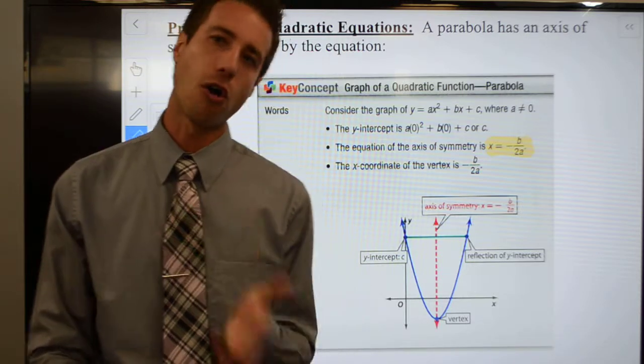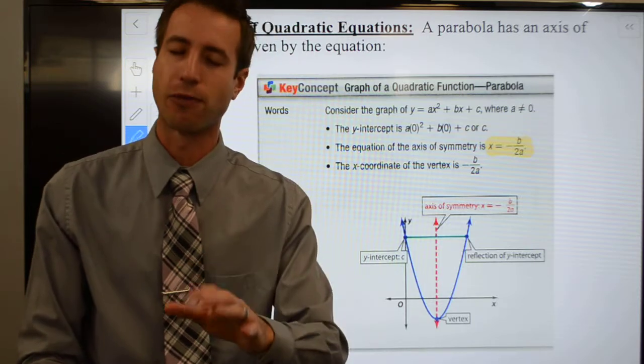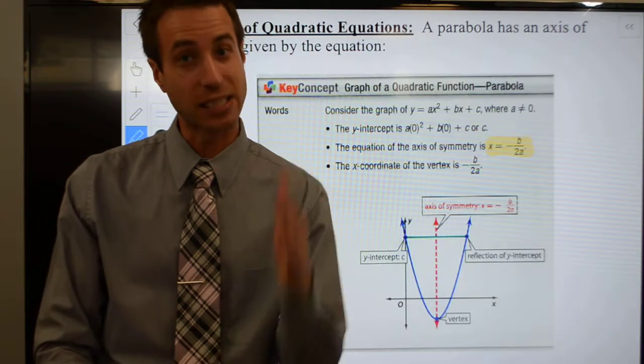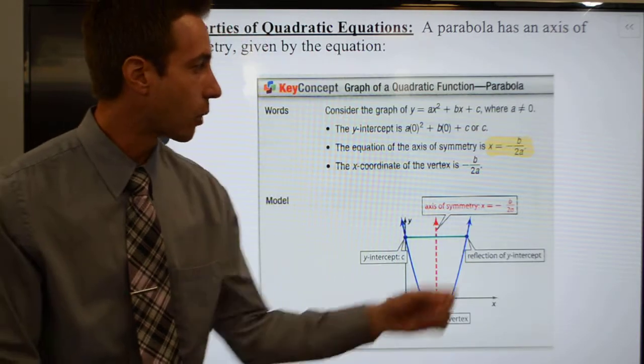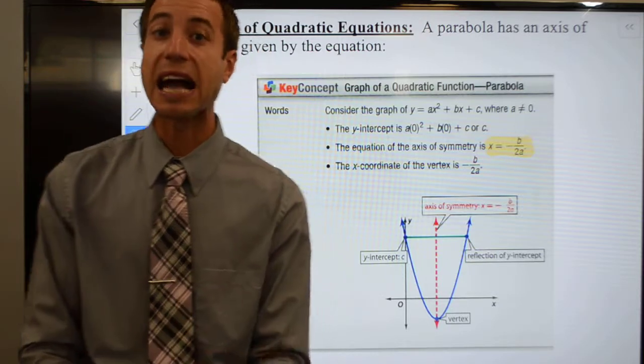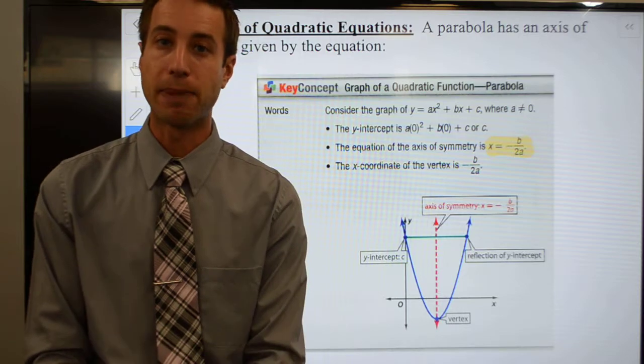Now, we know that all vertical lines have the equation x equals something, right? Because it's a vertical line. Well, that's exactly what I've got here. I have x equals, and it turns out that the axis of symmetry is going to be negative b divided by 2a.